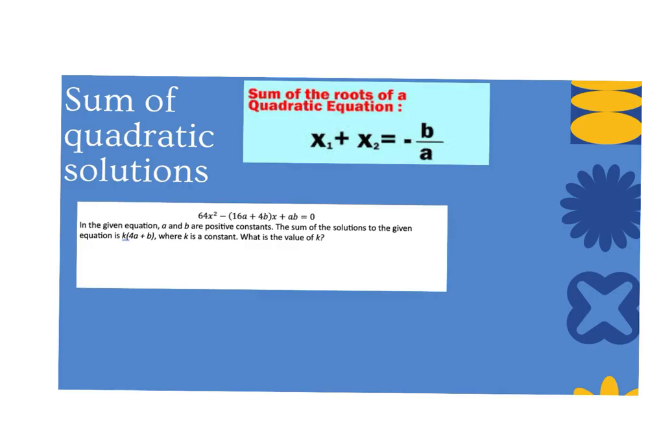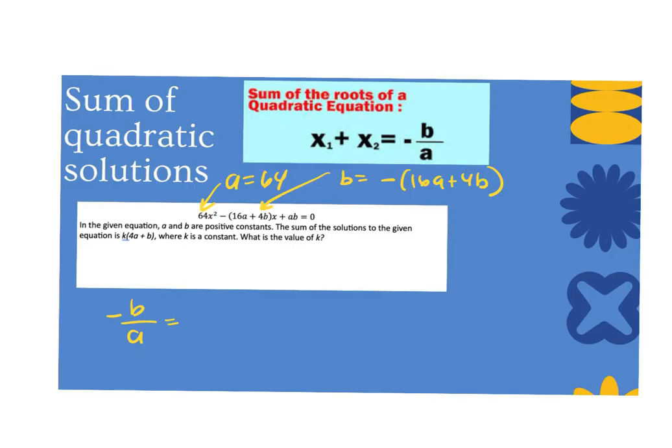So what I would say is negative b over a equals, I'm going to come to my equation. The a is what's in front of the x squared, that's 64. And the b is what's in front of the x. So the b is negative 16a plus 4b.